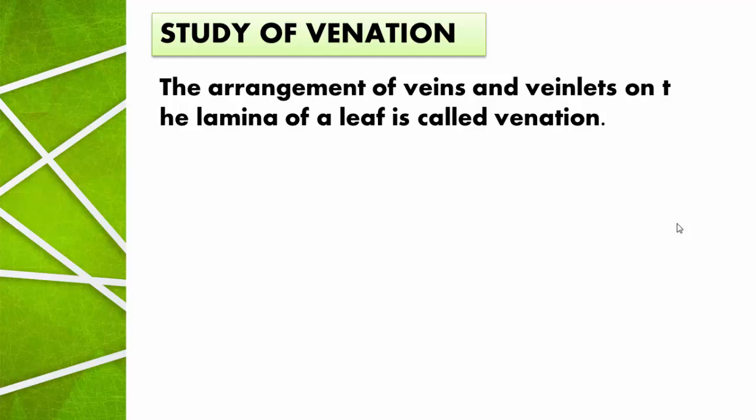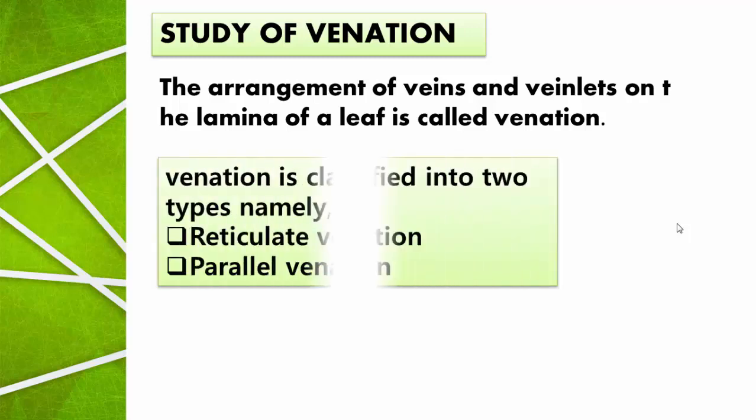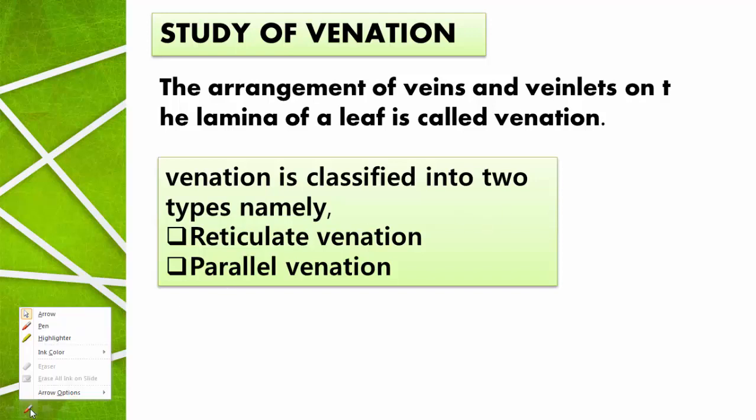Venation explains or gives information about the arrangement of veins and veinlets on the leaf lamina. Then moving to the types of venation. Based on the arrangement of veins and veinlets, venation is classified into two types: reticulate venation and parallel venation.